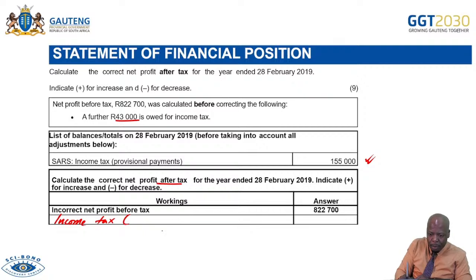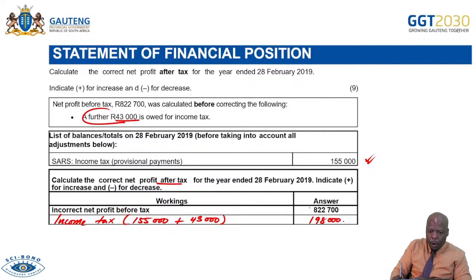How much were my provisional payments? My provisional payments were 155,000. Then I'm told we still owe a further 43,000. That simply means the income tax amount for the year is the provisional tax payments plus a further 43,000. So I'm going to say plus 43,000. 155 plus 43,000, all right. So I'm going to end up now with 198,000.